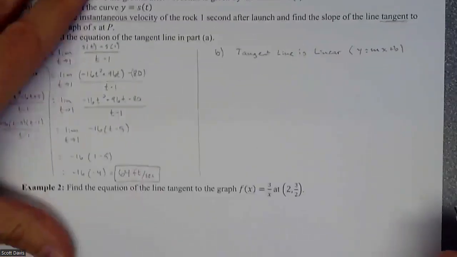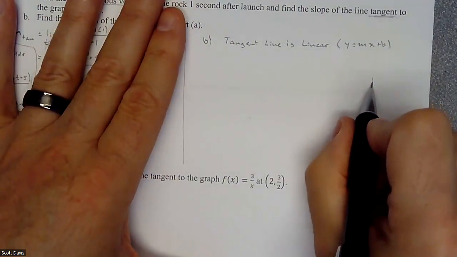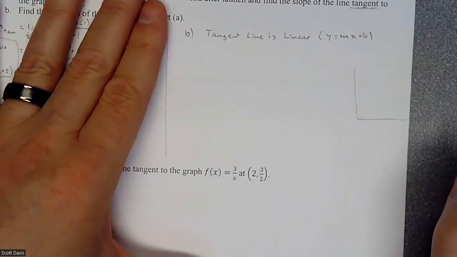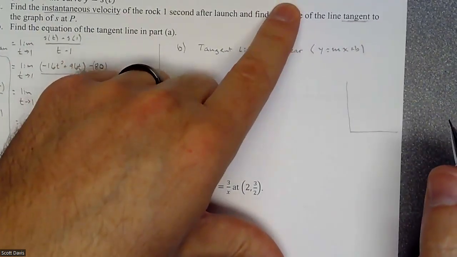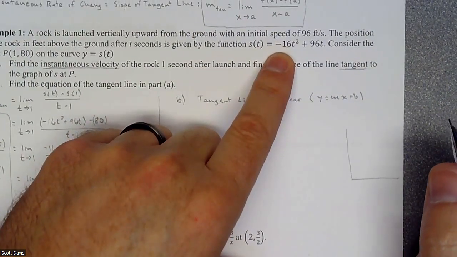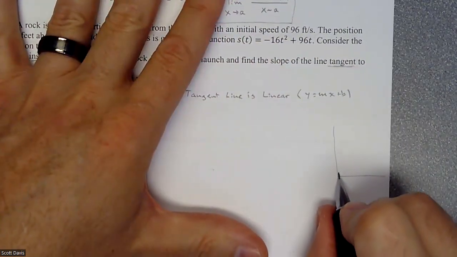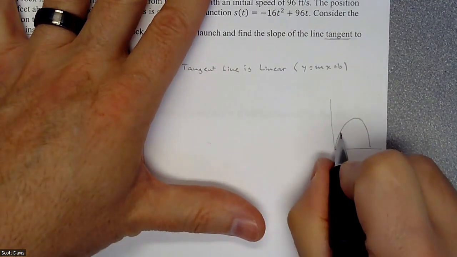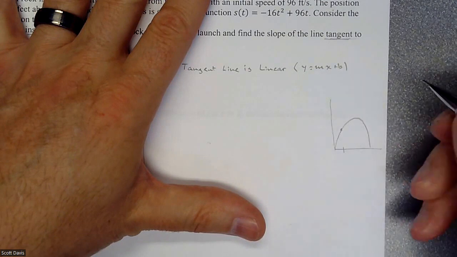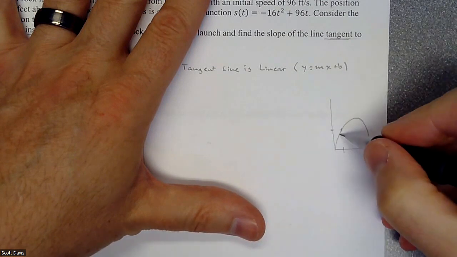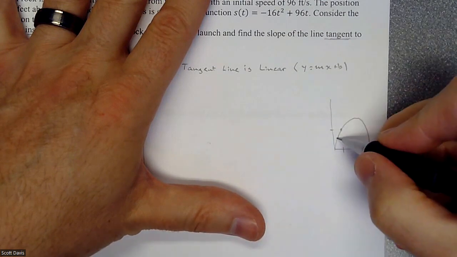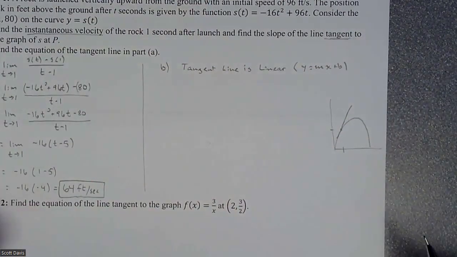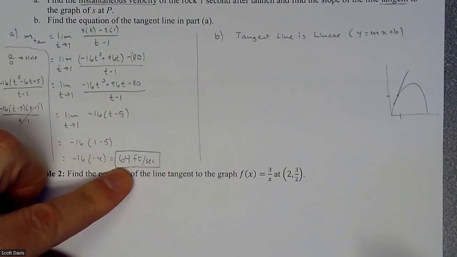So the idea visually is that we have this quadratic, negative 16x squared plus 96, so it has this kind of look to it, right? And then at 1 second, we're at a height of 80, and we are going at a speed of 64 feet per second.